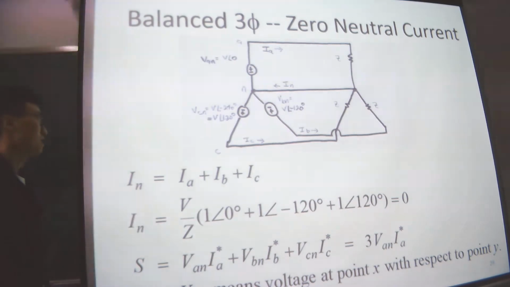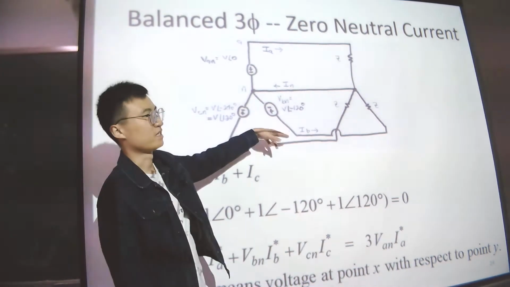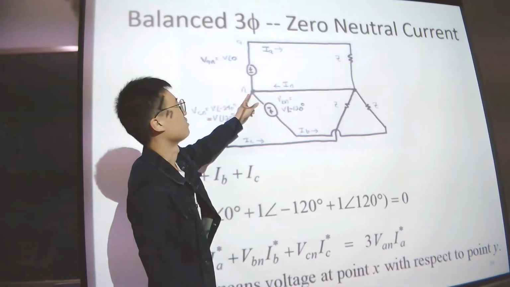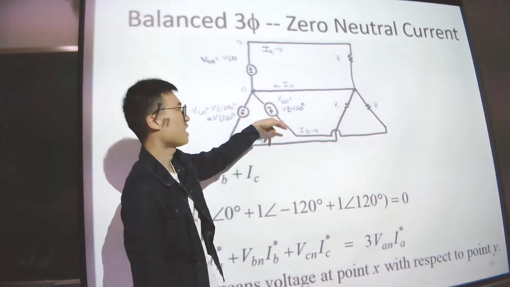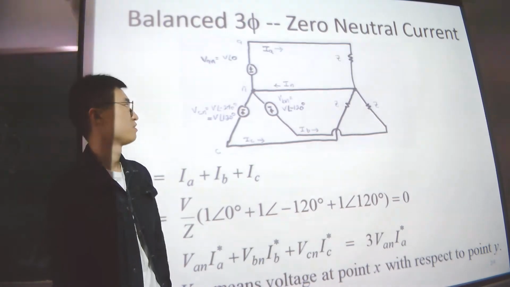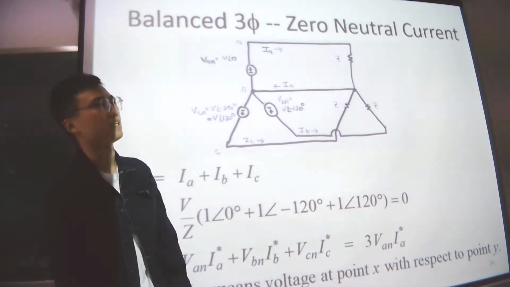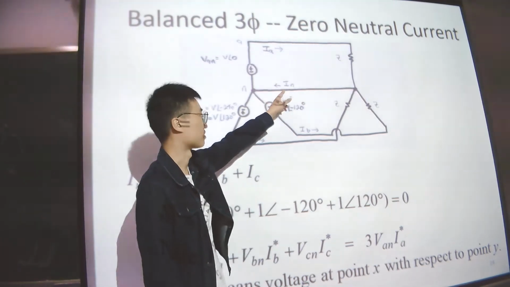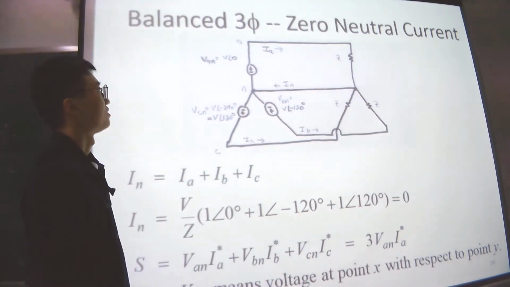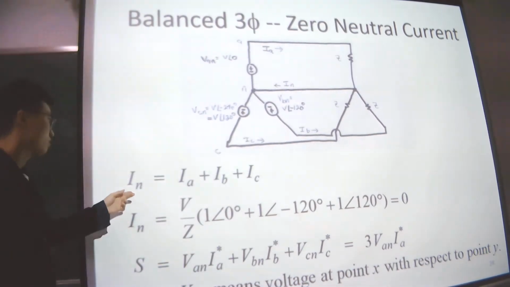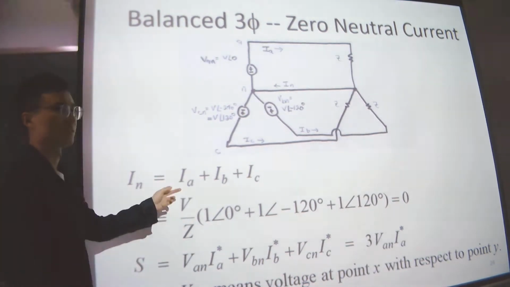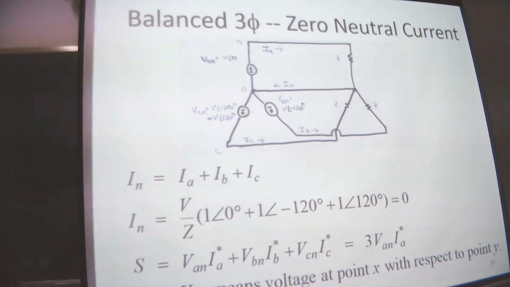So this is the neutral connection based on KCL, right? KCL law. We just need to know that the sum of the currents should not be zero, and it can only be equal to this neutral current. That's why the neutral current is equal to the sum of the currents in phases A, B, and C, right?